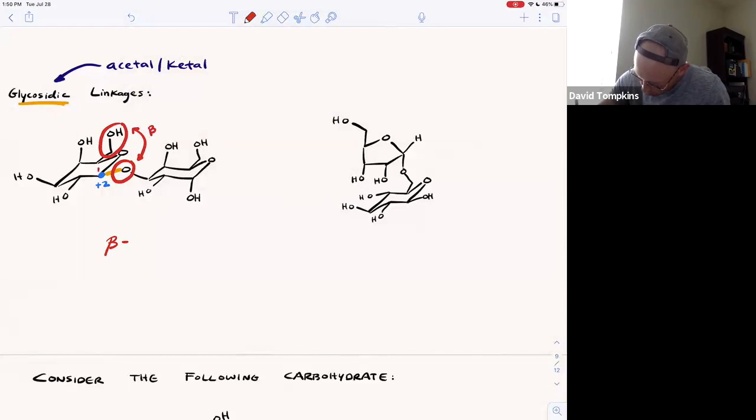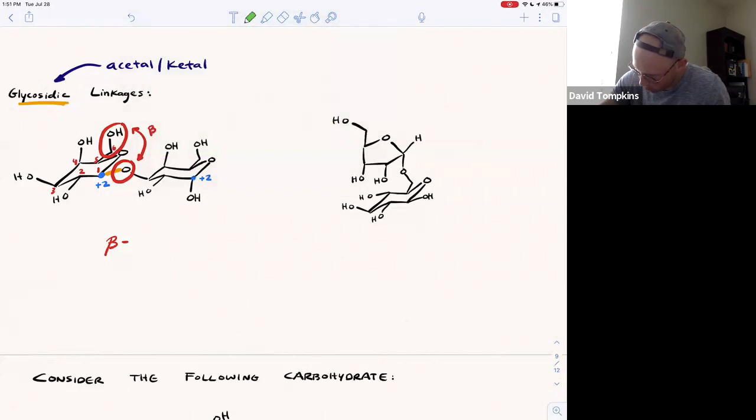So carbon 1 is the acetal here, or what was the aldose. And on the other ring, carbon 1, once again, is that anomeric carbon, what was the aldose.